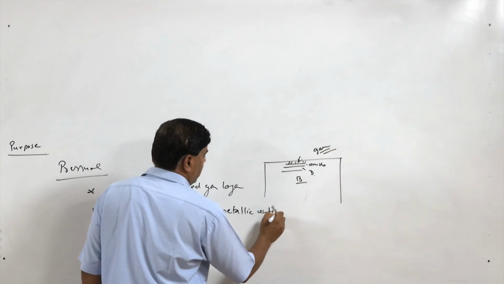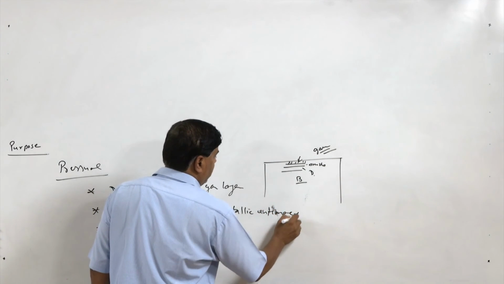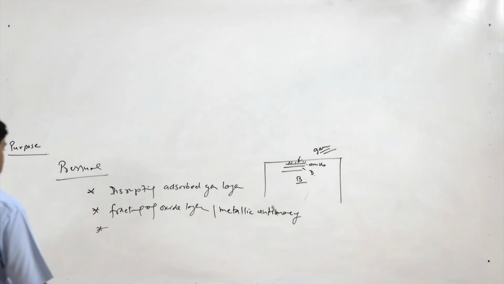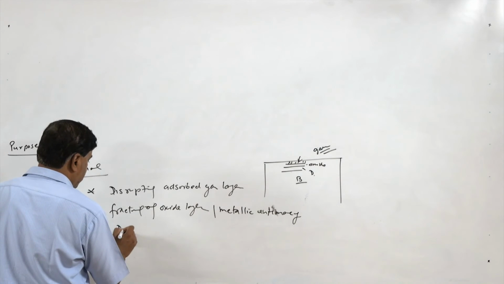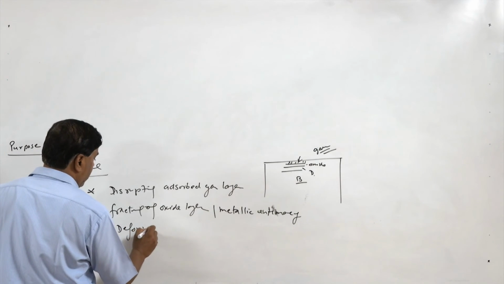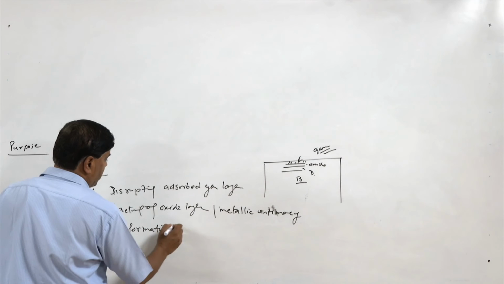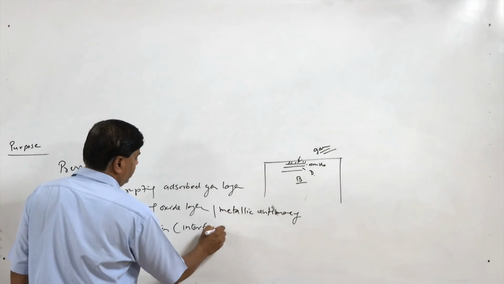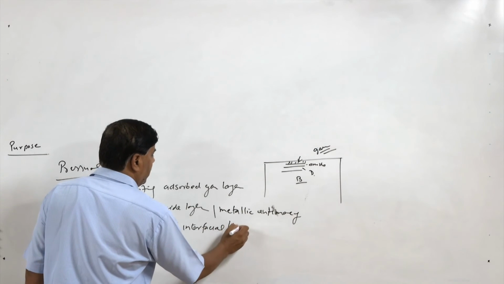So, metallic intimacy between the faying surfaces is achieved, and one more purpose is to achieve the deformation as per requirement. This deformation may be interfacial or it may be bulk.